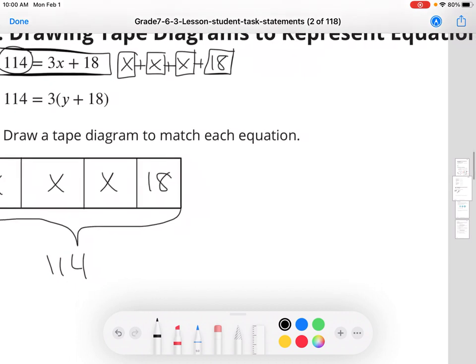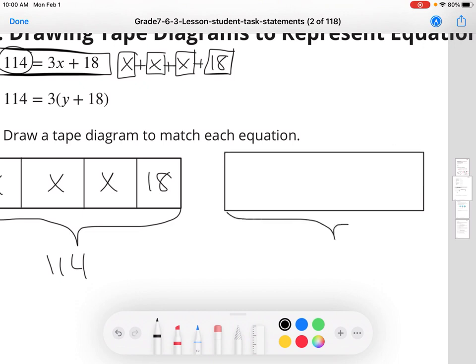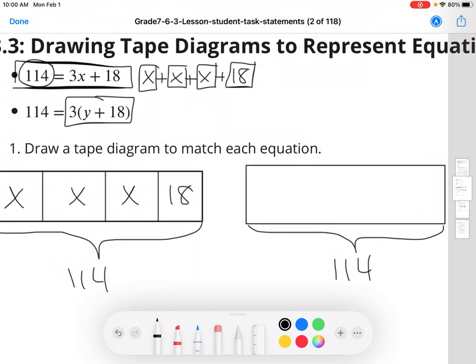Okay, a diagram for 114 equals 3 times y plus 18. So again, my diagram needs to be equal to a total of 114. And I know that 3 times y plus 18 would give me 114.